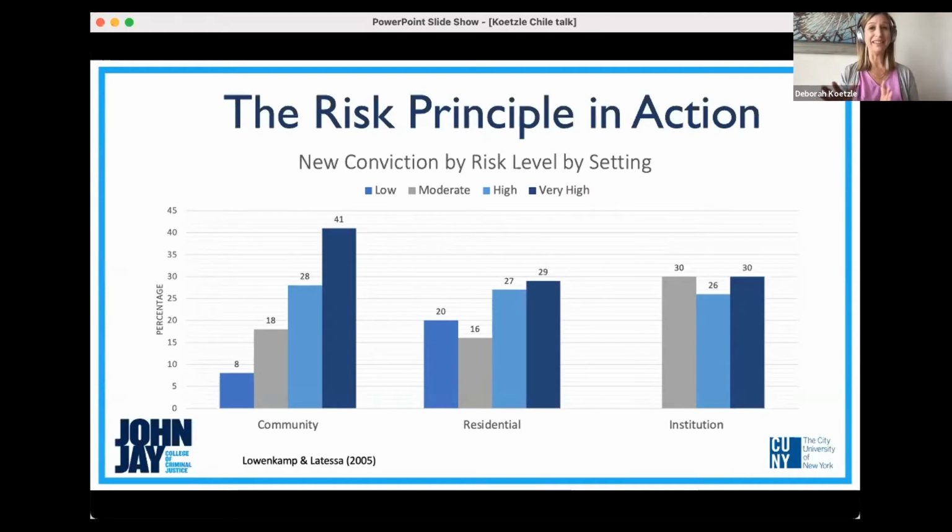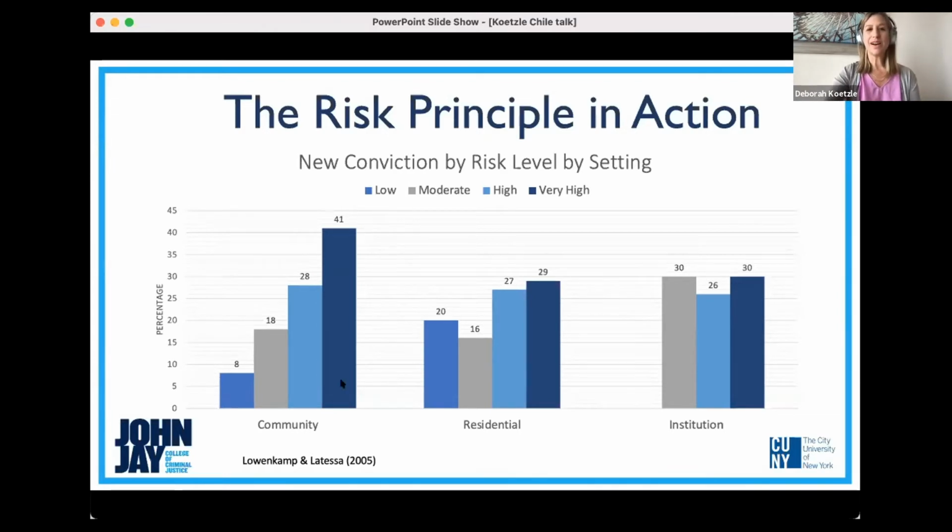And we spent money to do this. So we're using resources ineffectively and doing harm to youth. You'll notice that there were no low-risk youth in the institution, and that's because this particular state precludes low-risk youth from being institutionalized. But I think these findings really speak to the need to keep low-risk youth at home.